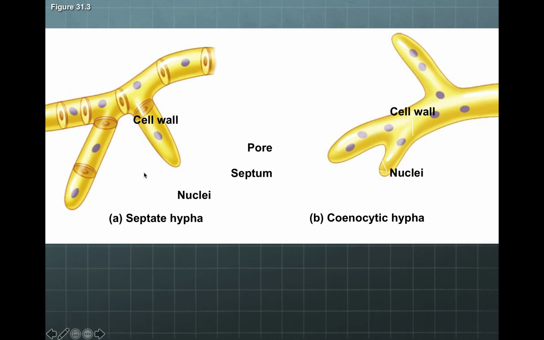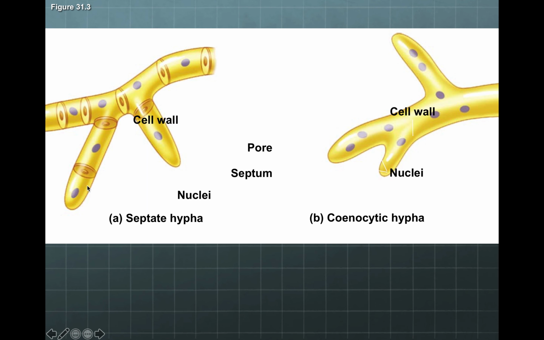Here's your septate hyphae. So you can see these areas right here are called septa, or septum. And there is an opening in between called the pore. Well, that means that the contents of one cell, the nutrients, and everything that gets broken down is able to flow from one cell to the next.